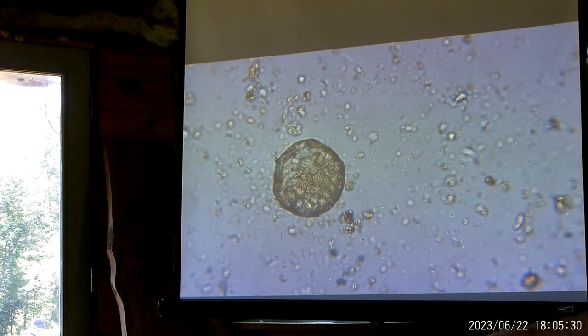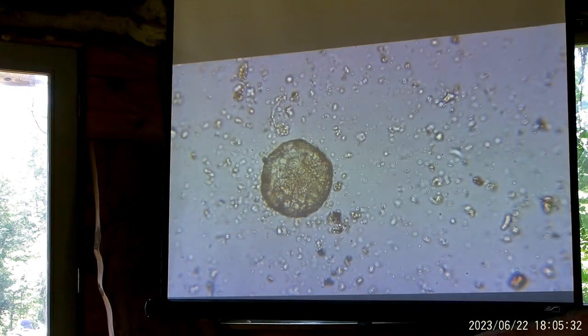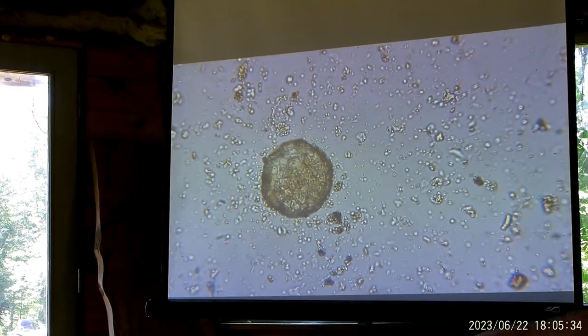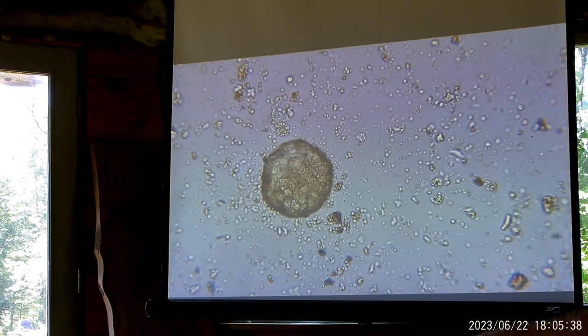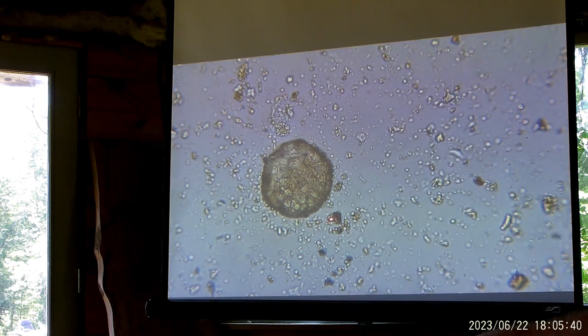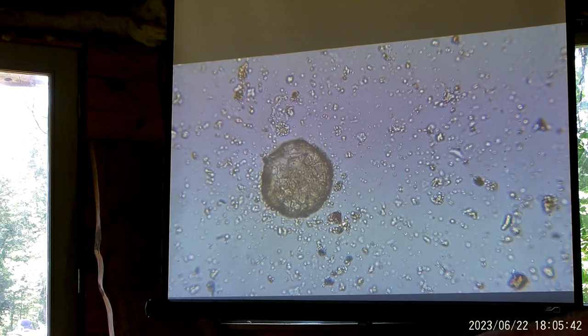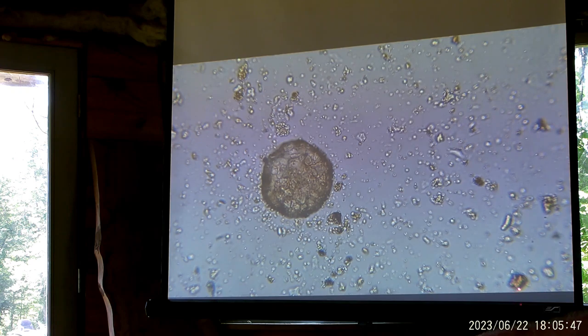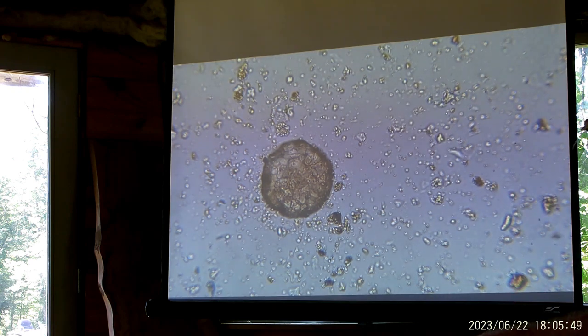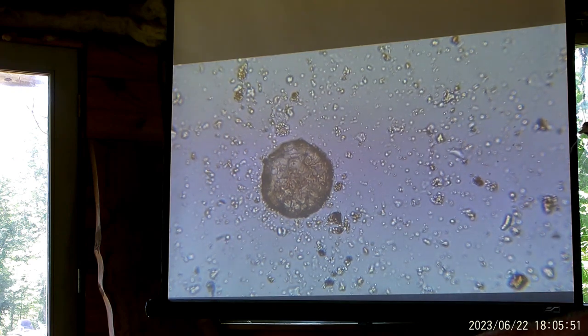Just to make general comments about this, seeing a protozoa here, there's definitely some aggregation happening at different stages of aggregation. The darker colors that you can see here versus the more honey color-like will indicate the different types of humic acids that are in there.